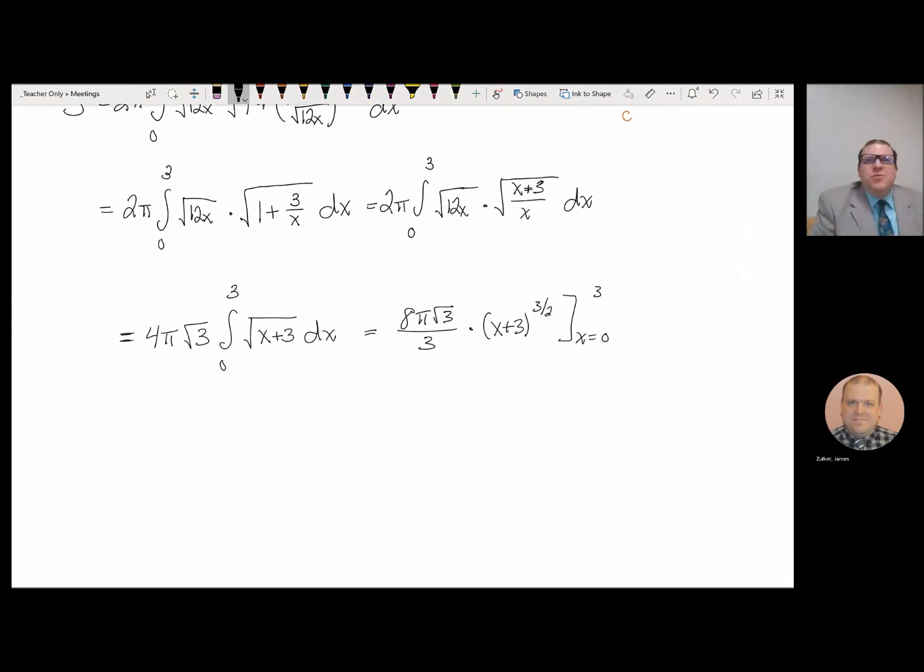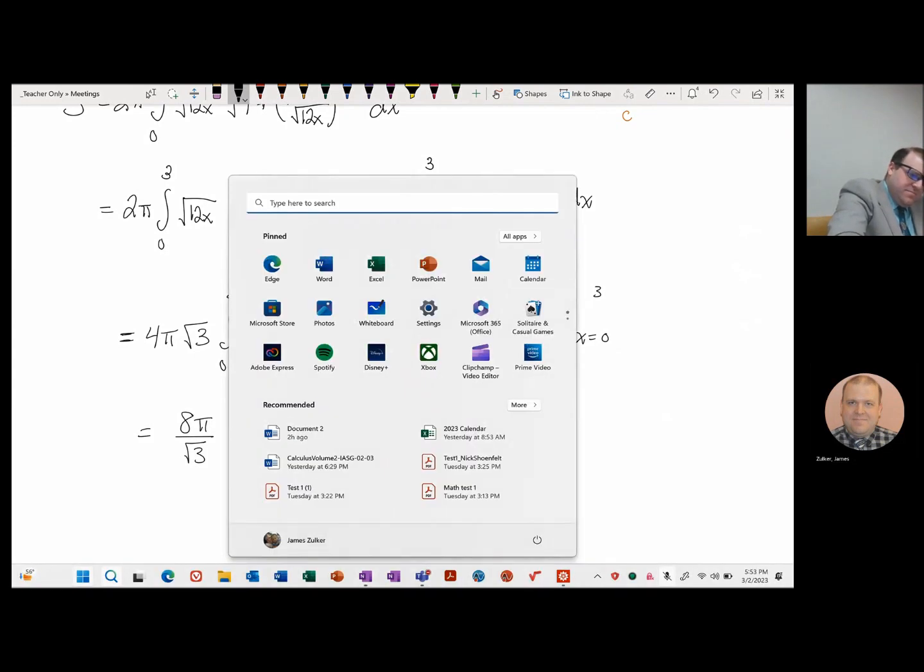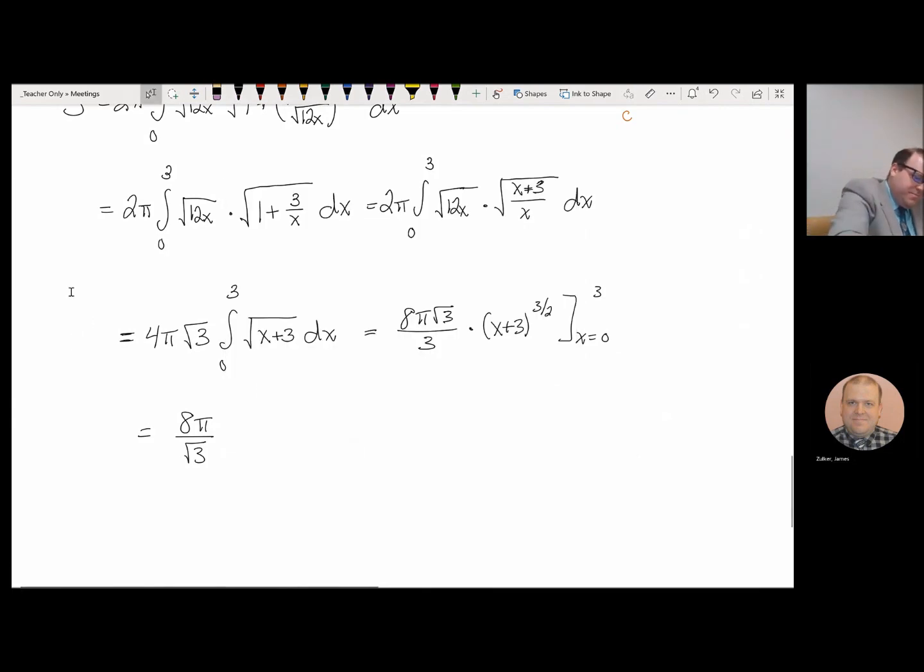I don't like that 8 pi root 3 over 3. I'm going to write that as 8 pi over root 3. Contrary to what you were told in algebra, you are allowed to have square roots in the denominator.